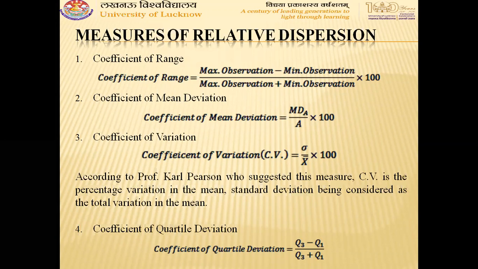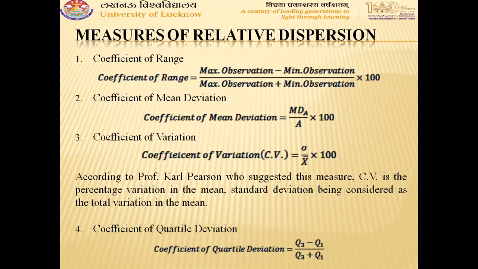For example, coefficient of range: for calculating range we use maximum and minimum observation. Range is maximum observation minus minimum observation, and coefficient of range would become maximum observation minus minimum observation divided by maximum observation plus minimum observation, and it is multiplied by 100 to represent it in terms of percentages.